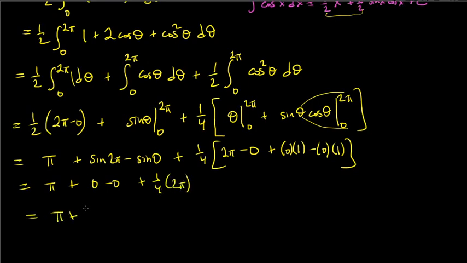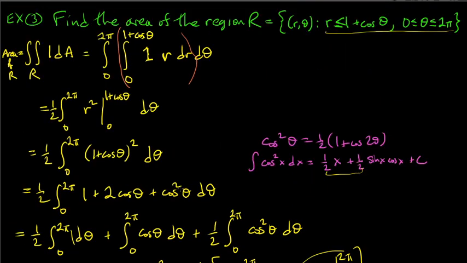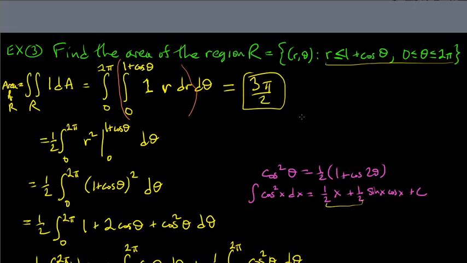So we get pi plus pi over 2, so we're going to get 3 pi over 2, right? So not a completely trivial double integral, but the answer is 3 pi over 2, and that's the area. Okay. Oh, the area of what?